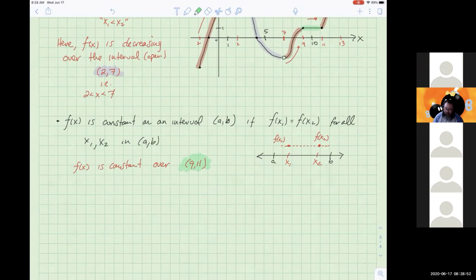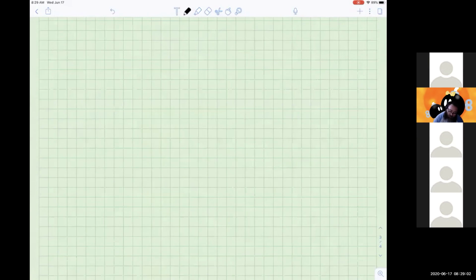More features of this graph. The next thing that I want to talk about, again, while the definition is sort of wordy and cryptic, the concept is really straightforward. So I want to talk about maximums and minimums of a function.